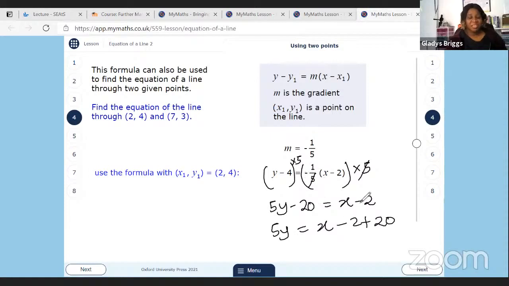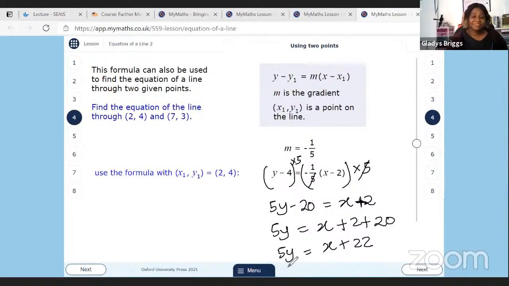There's a negative here, so this would be plus 2. 5y is equal to x plus 22. I think that's in 3 steps, so that's easier for you guys maybe. So maybe do it their way.